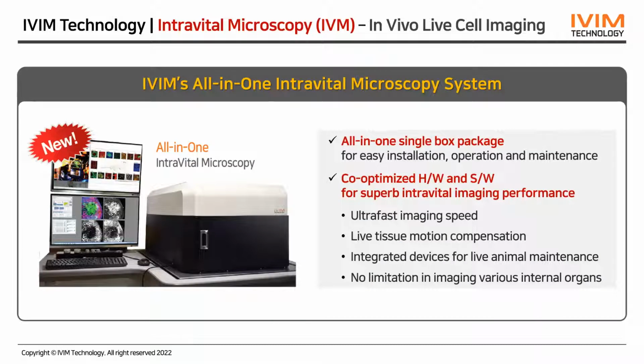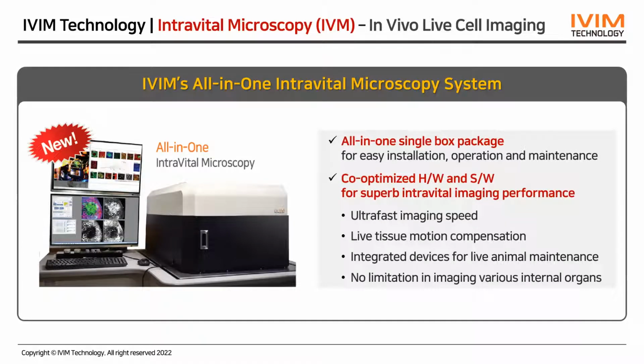IVIM is the world's first and only company providing a new all-in-one system with the best intravital imaging performance. We provide various accessories for a wide range of intravital applications with strong technical support for various fields. The all-in-one single box package enables easy installation, operation, and maintenance.